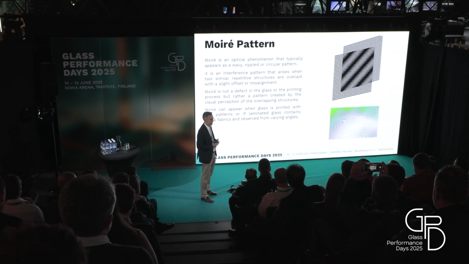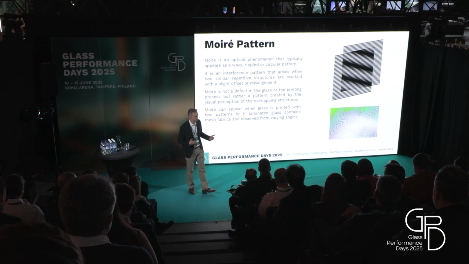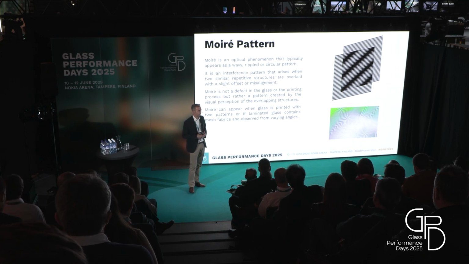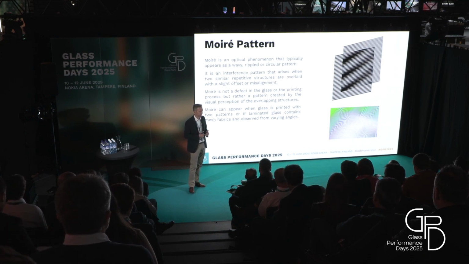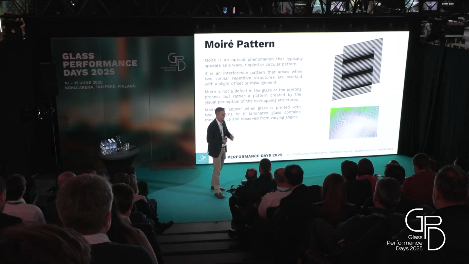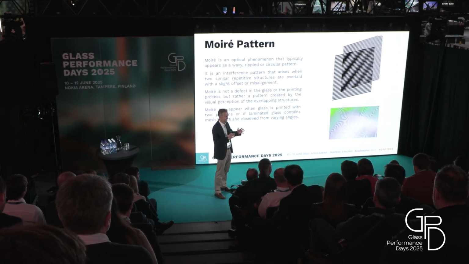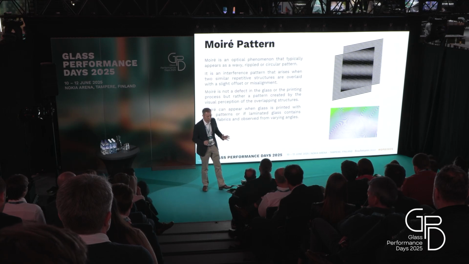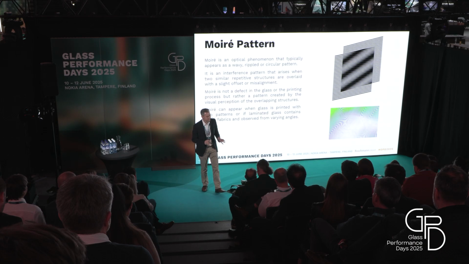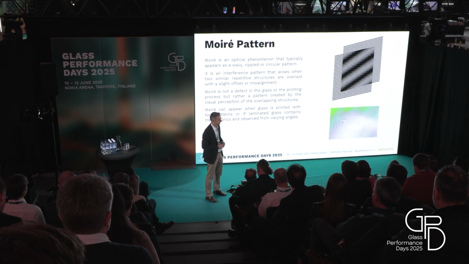And the same happens if we have similar patterns on glass. So we can, for example, print the glass on surface 2 in an insulating glass, and on surface 4 in insulating glass, having two different patterns which are similar, and approaching that pattern with a view out of different angles, easily I can create a moiré pattern.